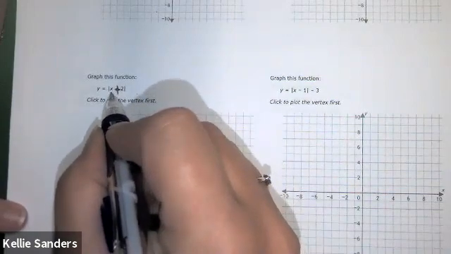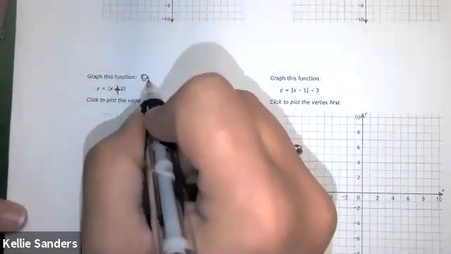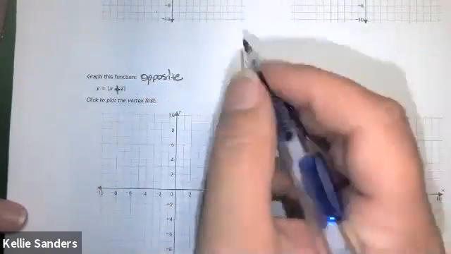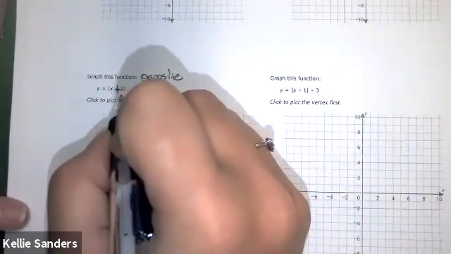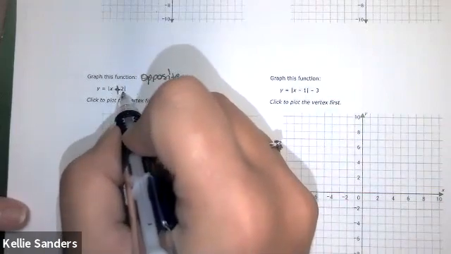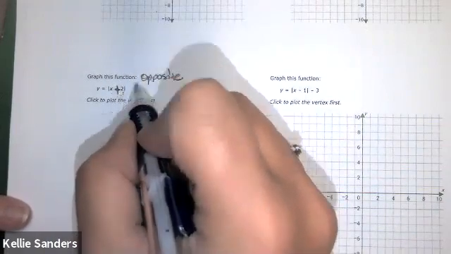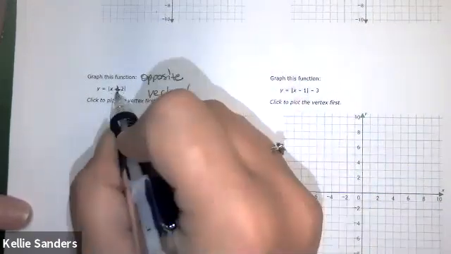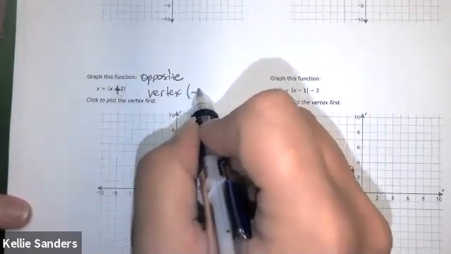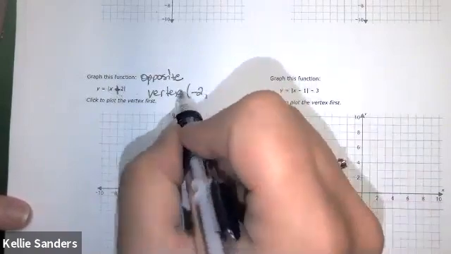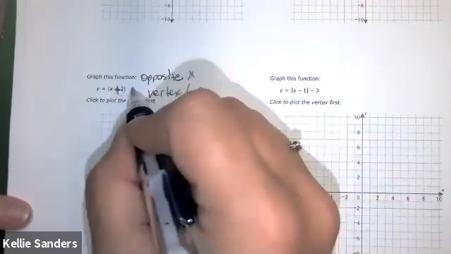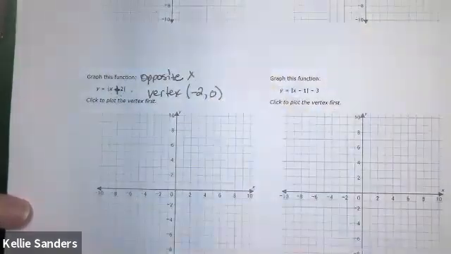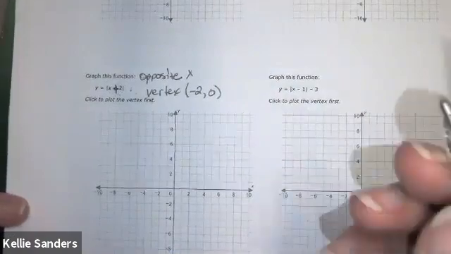If it is with the x, you're always going to do the opposite of it, because basically we're wanting it to make it 0. So if this is x plus 2 inside here, that means the vertex is going to be the opposite of +2, which is -2. Your x is going to be the opposite. Since there's nothing at the end, we're not going to shift up or down any, so that's going to be 0. So that's your vertex.